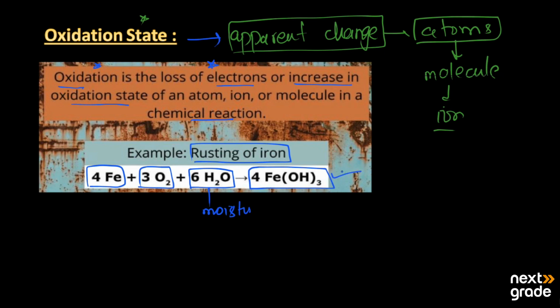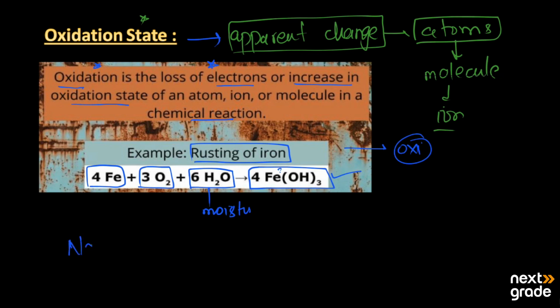This formation happens and the rusting of iron starts. So this is a simple oxidation process. When iron reacts with oxygen and water, its oxidation state changes, and the apparent charge that it may have is known as its oxidation state.